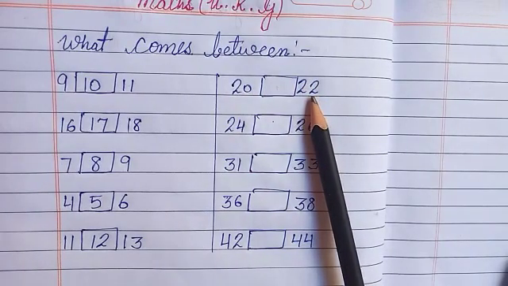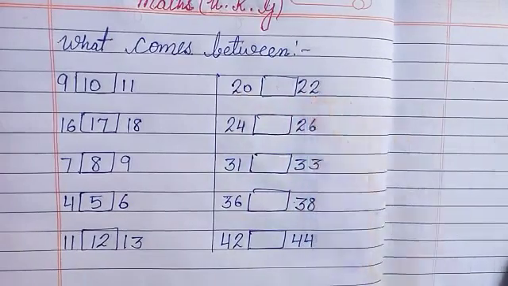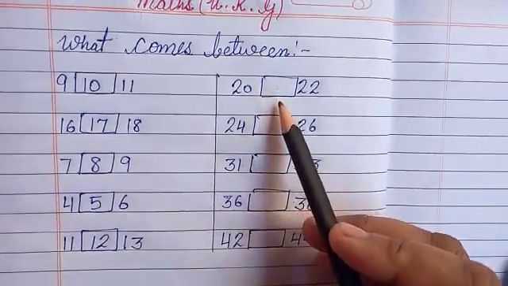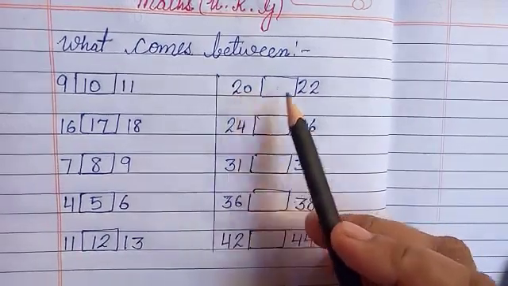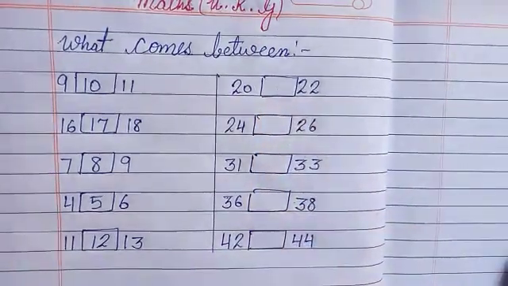Which number will come between 20 and 22? 21 comes between 20 and 22. You write here 21.